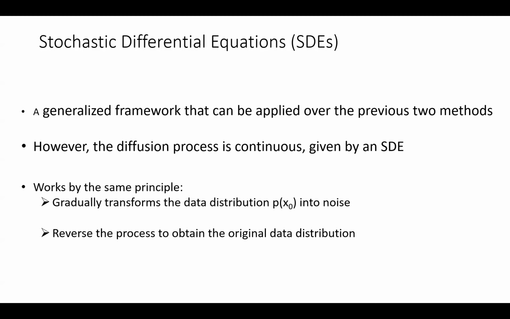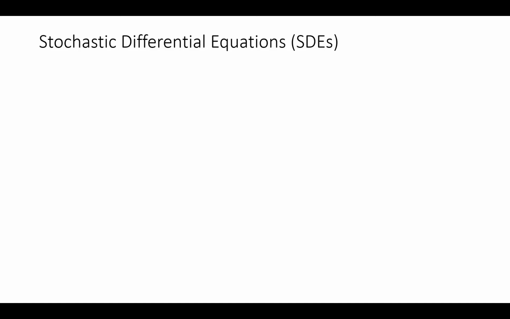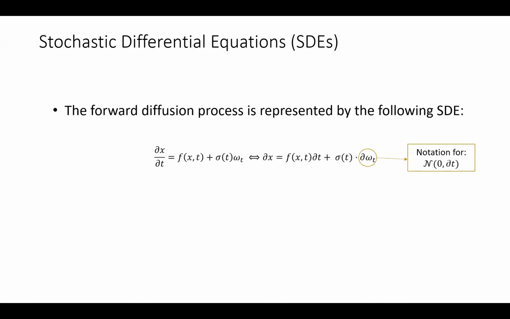Okay, so this method for generating images works on the same principle. We are gradually transforming the data distribution Px0 into noise, and then we have a reverse process to obtain the original data distribution. So the forward diffusion process in terms of the stochastic differential equation is shown here.